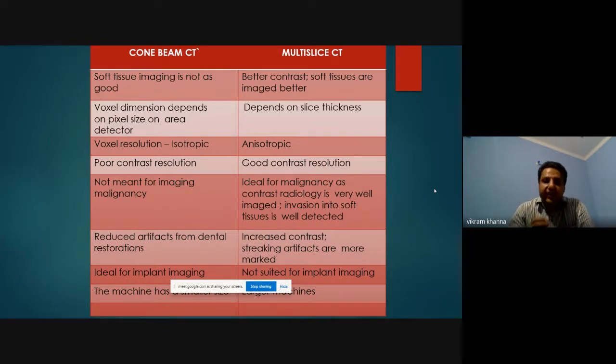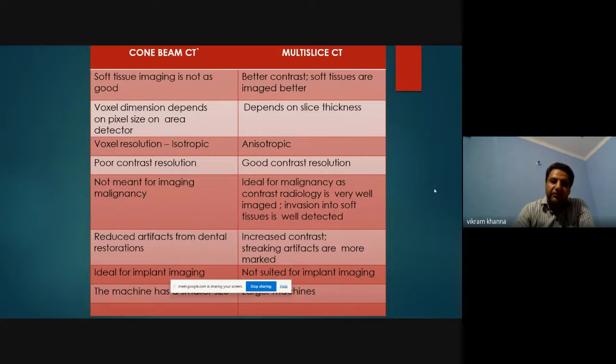You can get that much slice from a CBCT. Whereas in multi-slice, it all depends on the slice thickness which you have already decided, the 2 to 3 mm that the gantry has moved; we cannot keep the slice thickness less than that area. Voxel resolution is isotropic.